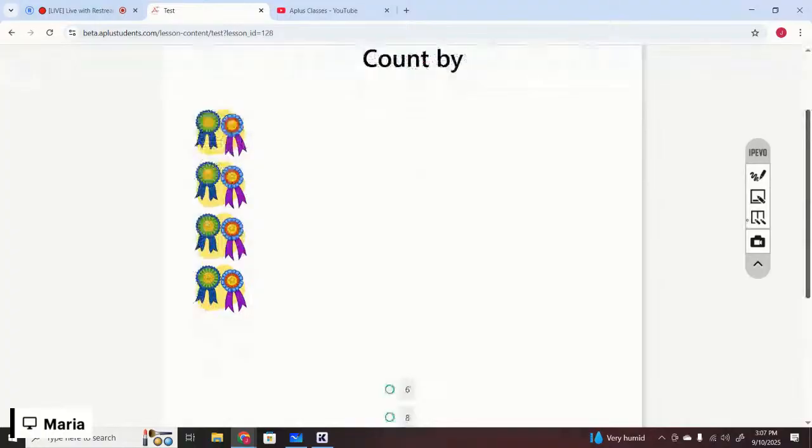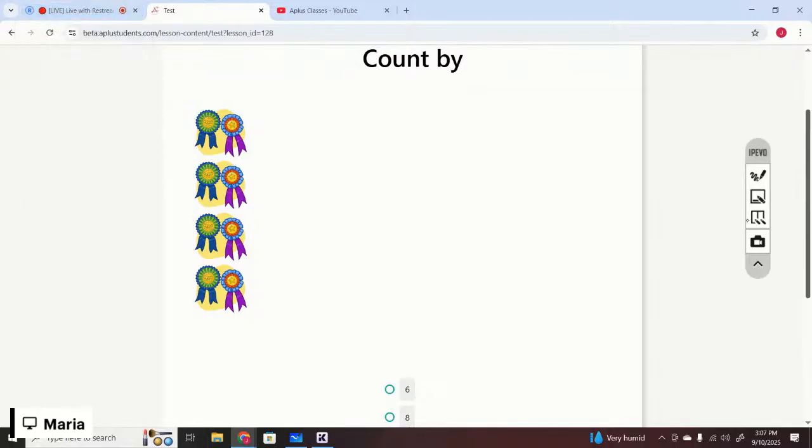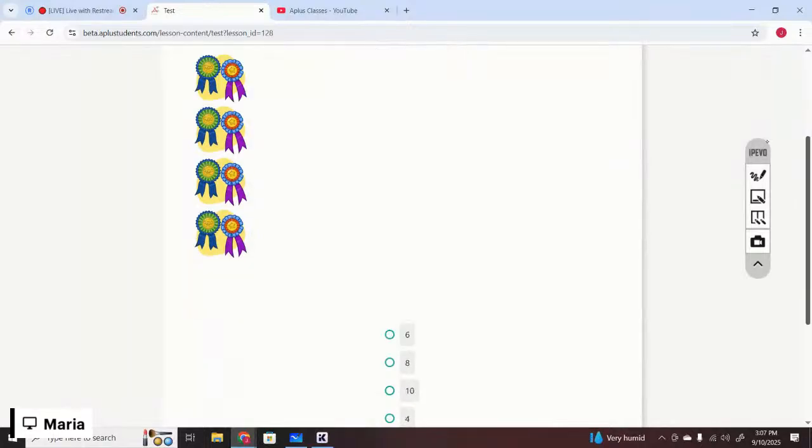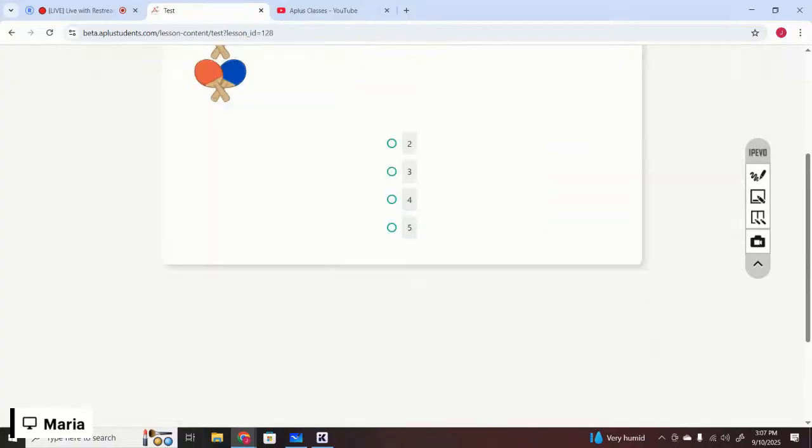Okay, so we need to skip count by 2s. So which is the correct option? That is 2, 4, 6, and 8. The correct option is 8. Option number 2 is the correct option.